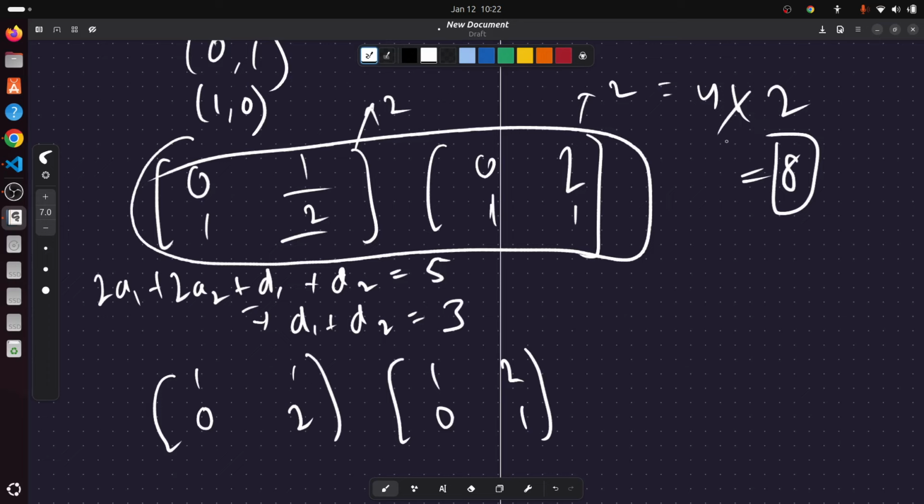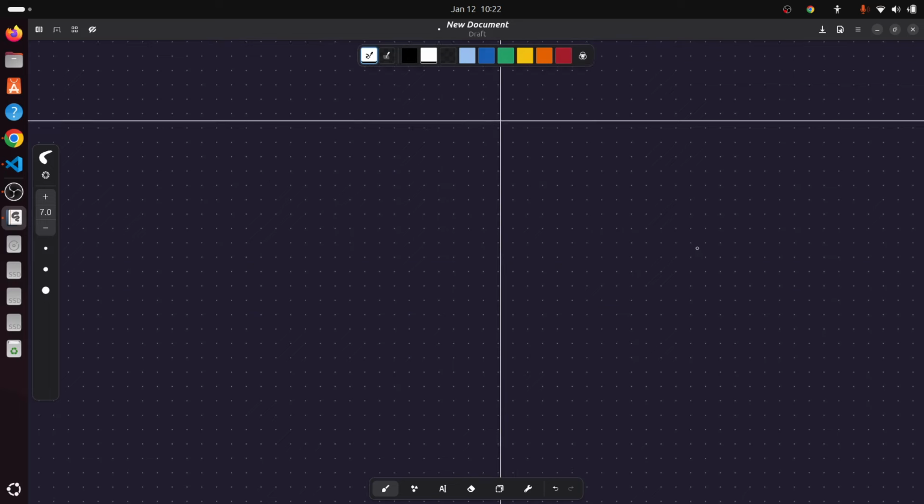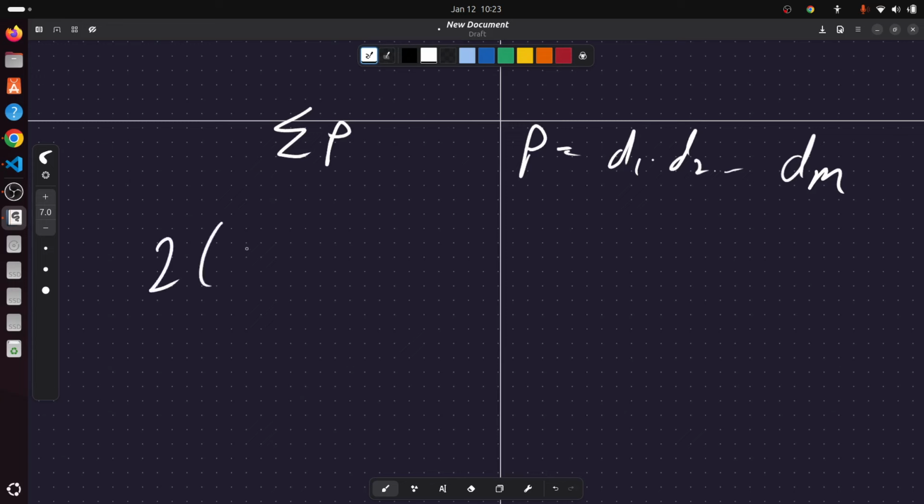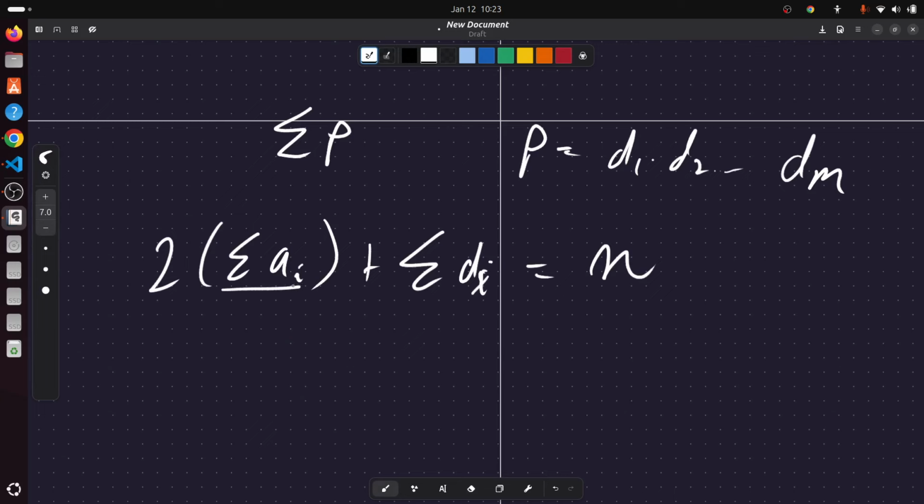This is what I am trying to get you to understand, that I want to find the sum of P. Let's say P is, I can define P as D1 into D2 up till Dm. I want the sum of P, right? Sum of P over all the different combinations, such that 2 into summation of Ai plus summation of Di is equal to n. So what I am doing is I am fixing this summation of Ai to be equal to some x, right?